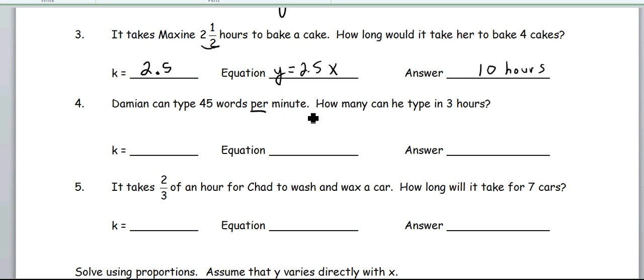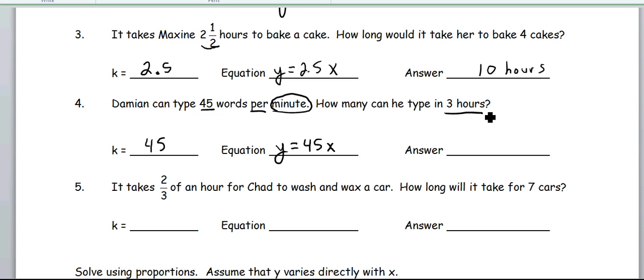Here we see this "per." So my independent variable, right here, minutes. Ordinarily my slope, but in this case my constant, 45. Y equals 45x. And then this is asking 3 hours.